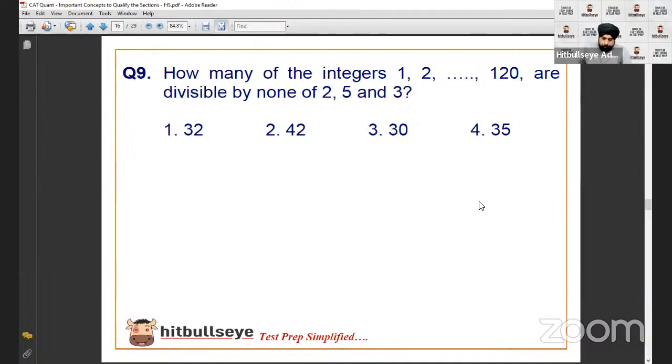How many of the integers from 1, 2, 3, 4 till 120 are divisible by none of 2, 5, and 3?